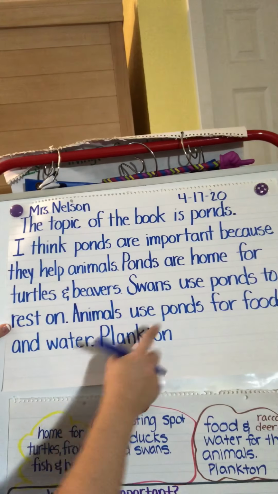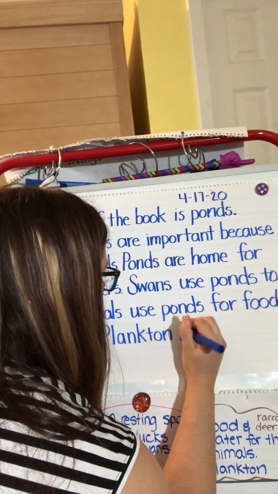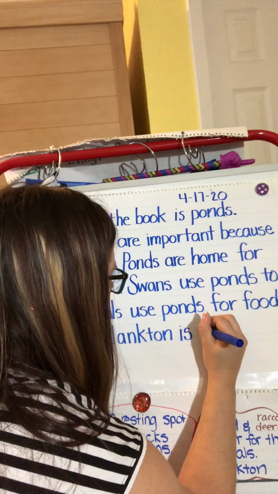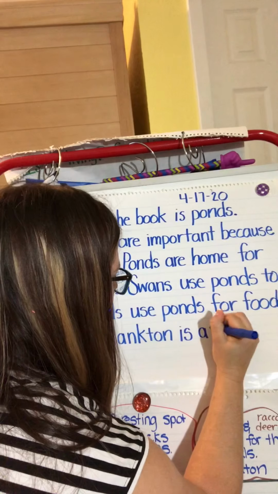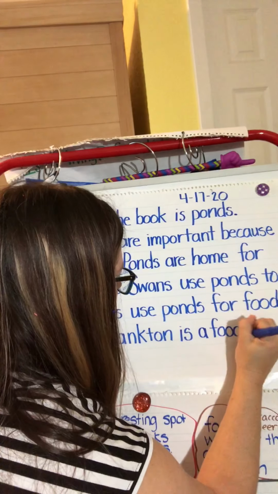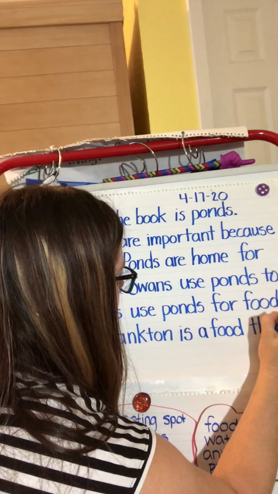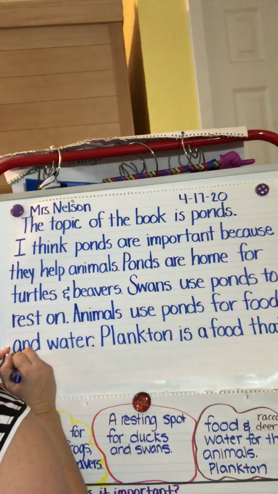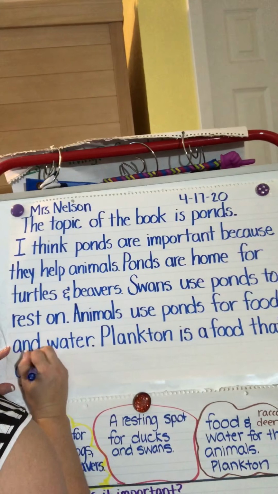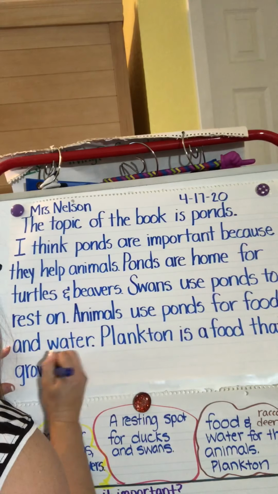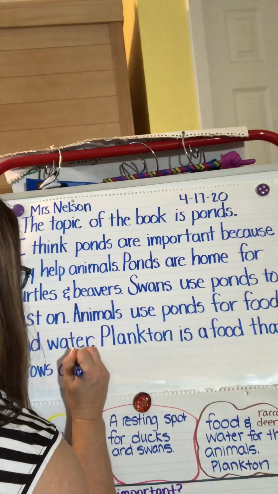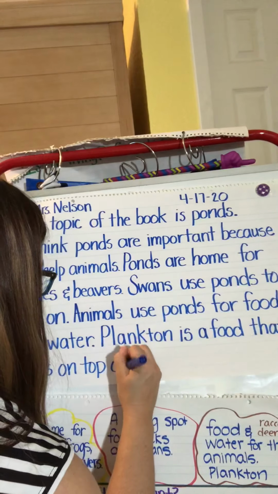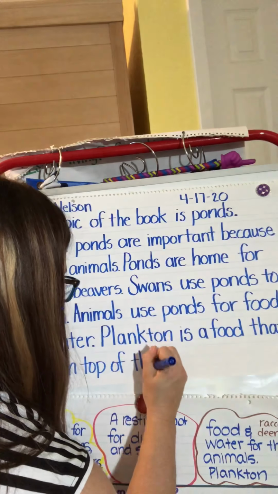Plankton is a food that grows on top of the pond.